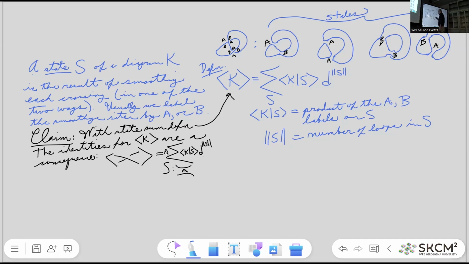And this will be for K prime, where K prime is the diagram obtained by smoothing it that way. K prime doesn't know about an A label there.